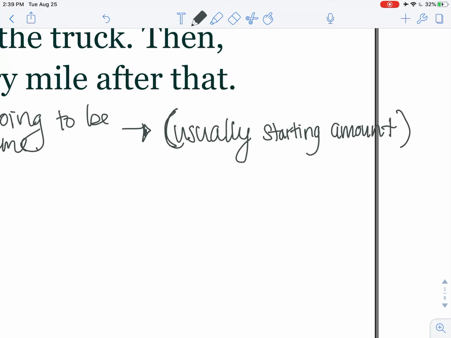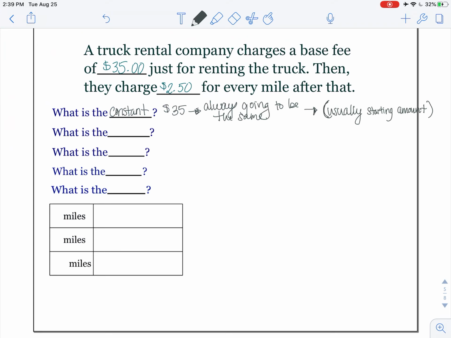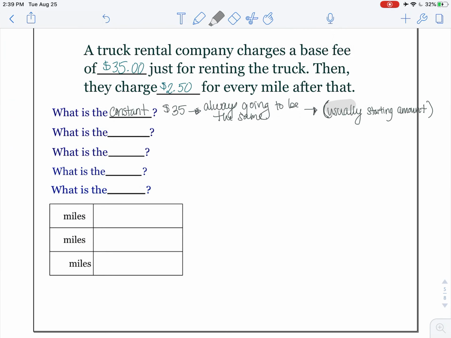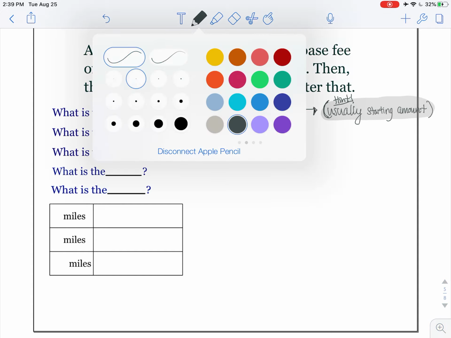So you start by paying $35. And let's highlight that so that you know this is my little hint. It's usually your starting amount. So anytime you look at a word problem, look for your starting amount, and that's probably going to be your constant.